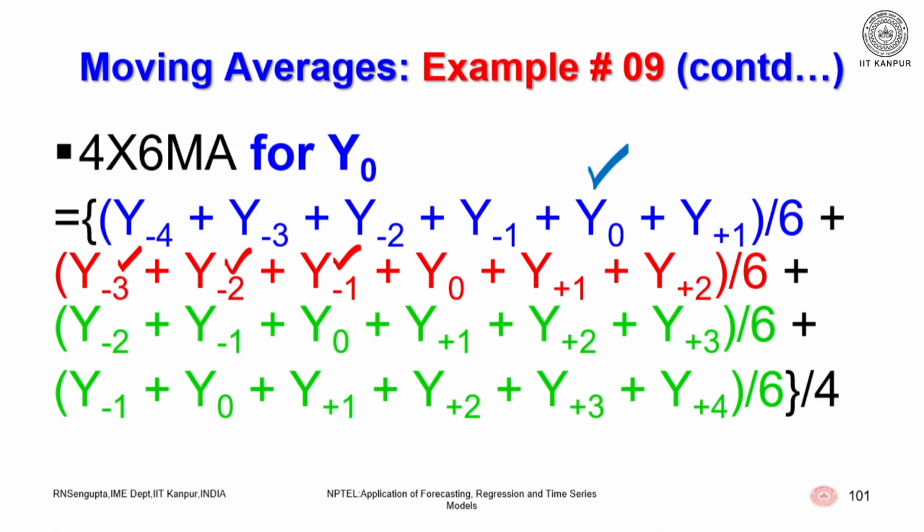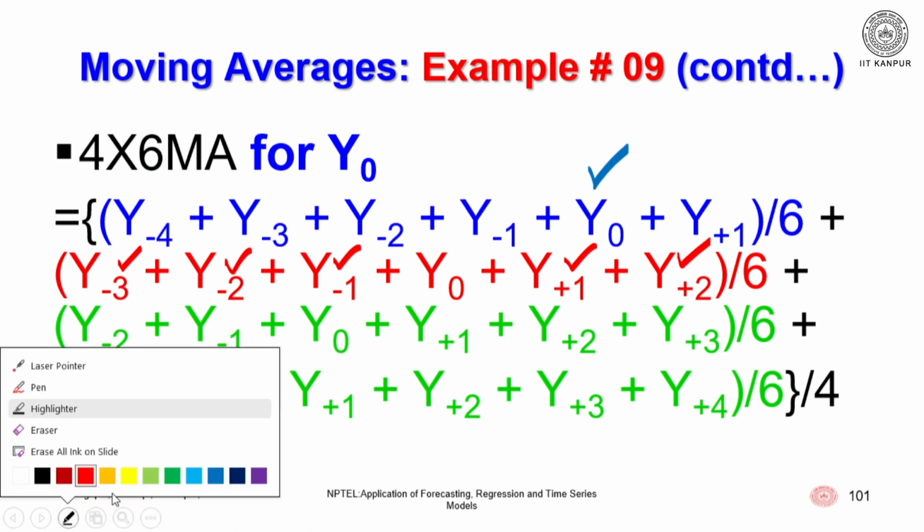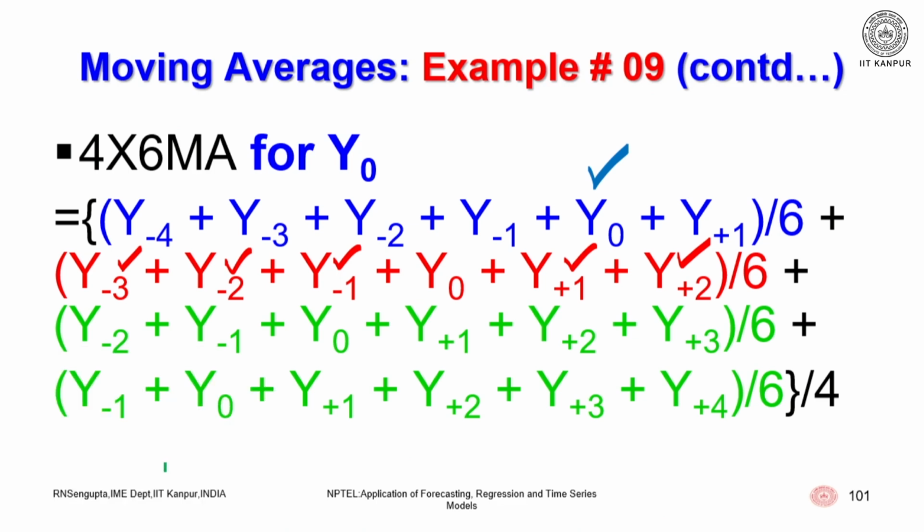One value will come from the right, which would be y plus 2, hence the 2 values onto the right of y naught are y plus 1 and y plus 2, as marked here. Then again I shift y naught one notch to the left. The corresponding values onto the left of y naught are y minus 2, y minus 1, and the values onto the right of y naught are y plus 1, y plus 2, y plus 3.